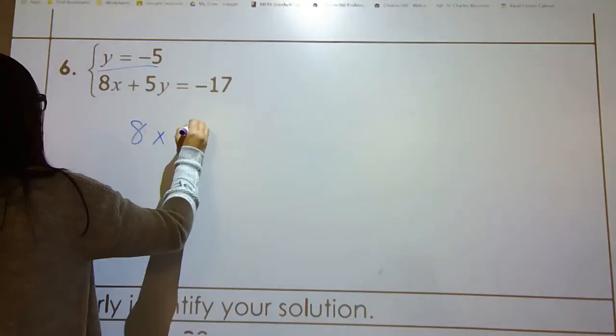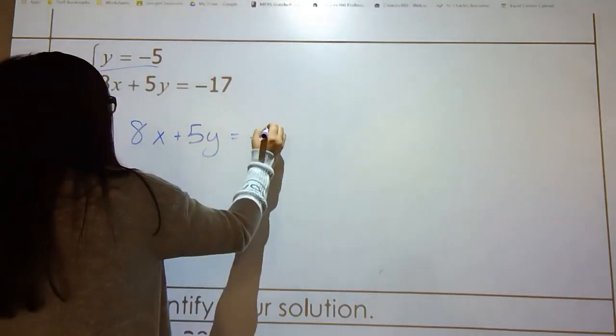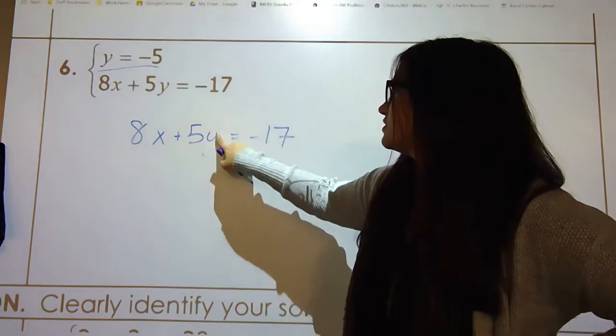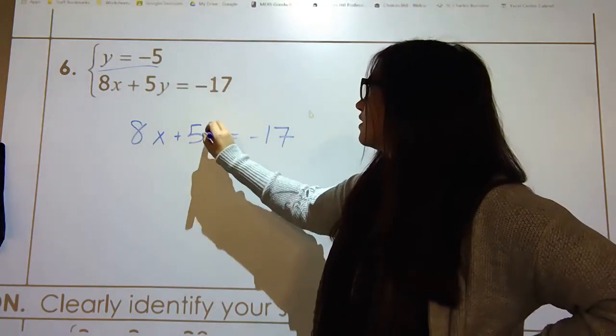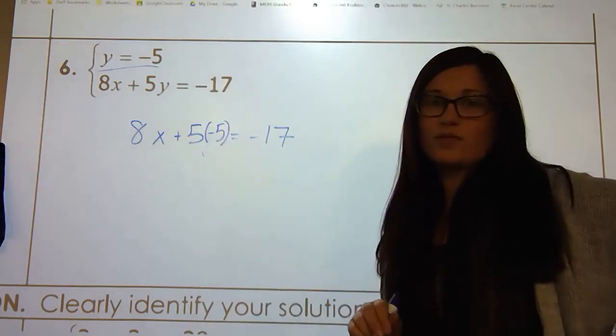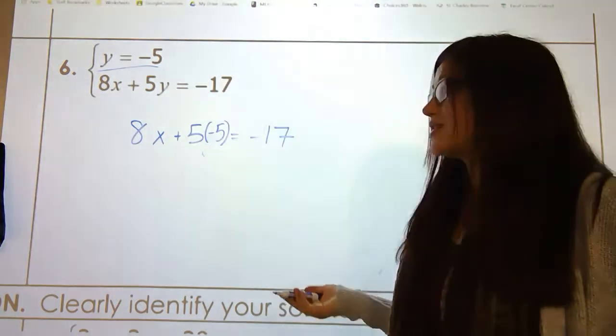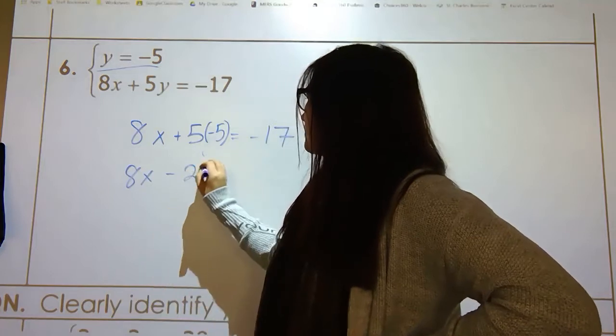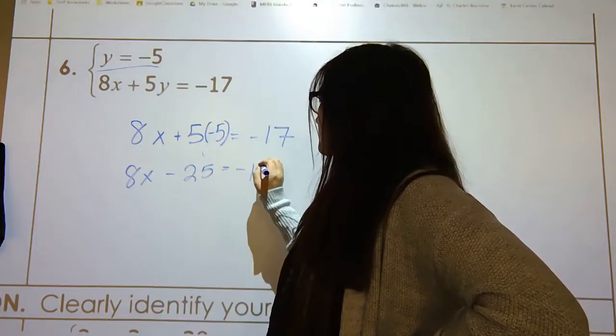So I have 8x plus 5y equals negative 17. But what's y? Y is negative 5. They practically handed this one to us, guys. This one was easy. 8x minus 25 equals negative 17.